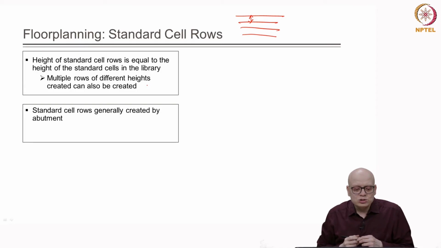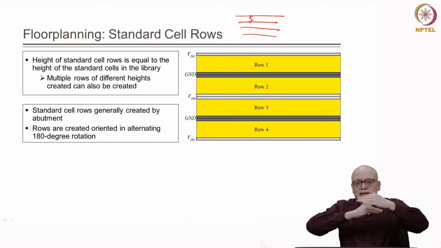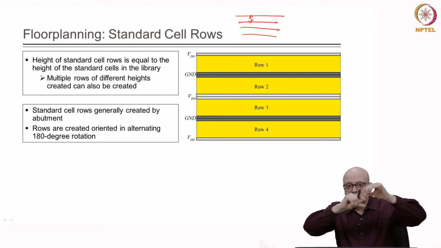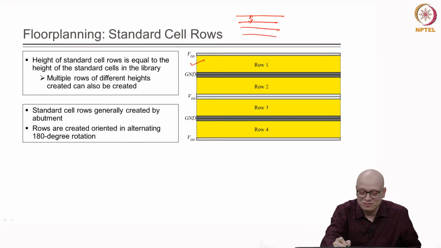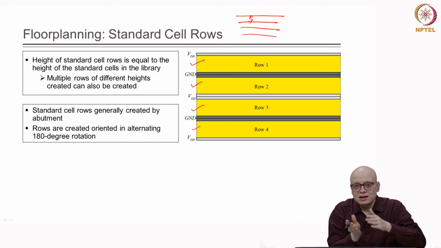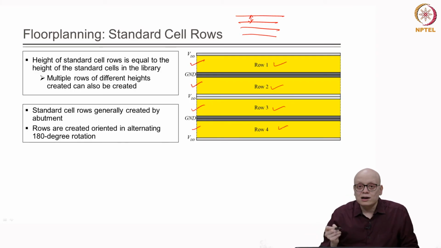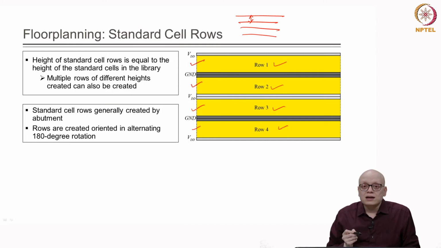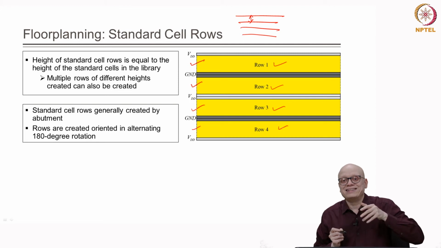Now, standard cell rows are generally created by abutment. What it means is that we put one row of standard cells and another row of standard cells sticking together in close vicinity, as shown here. Another thing we do is create the rows such that the cells in alternate rows are rotated by 180 degrees, right.